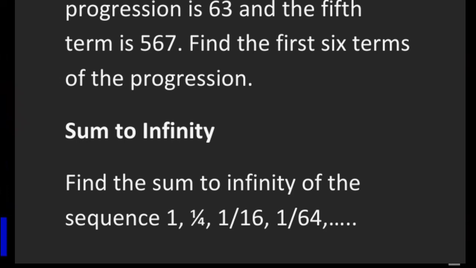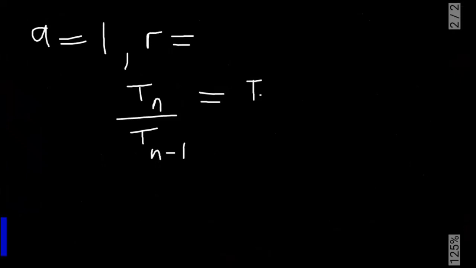Our common ratio is, we pick one of the terms, Tn over Tn minus 1. Let's pick the second term and the first term. So we have 1 over 16 over 1 over 4. This is 1 over 4.